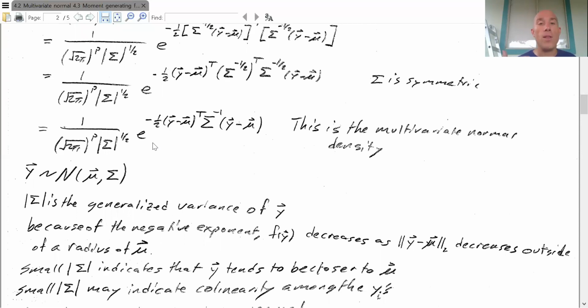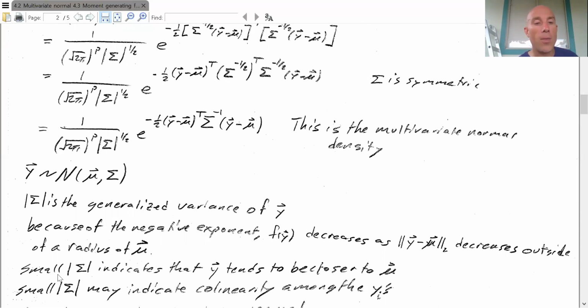The exponent of a large negative is going to be super, super small. So we know that outside of a certain open circle in higher dimensional space, if we keep on moving farther out from the mean, the density is going to decrease down to 0.